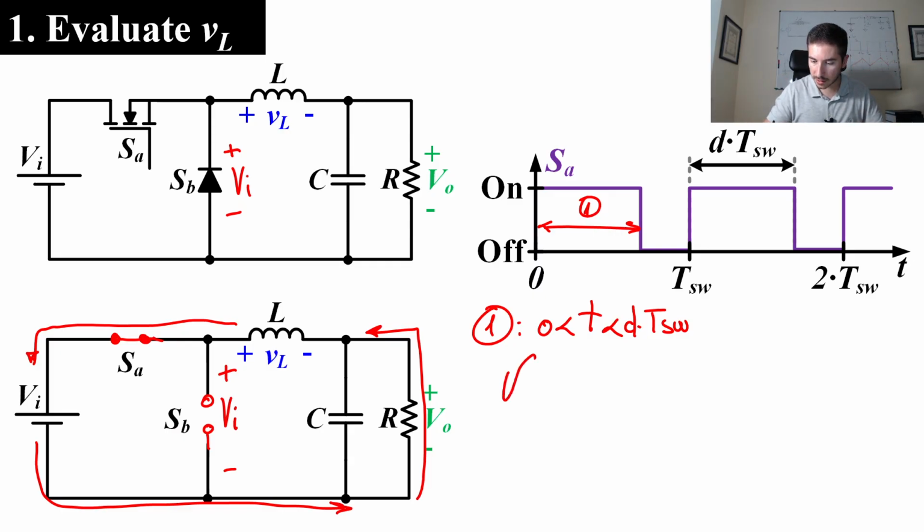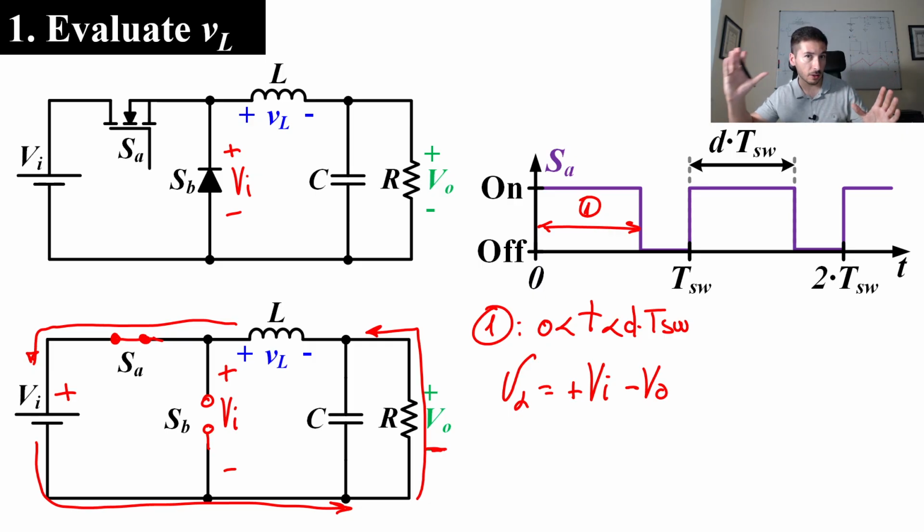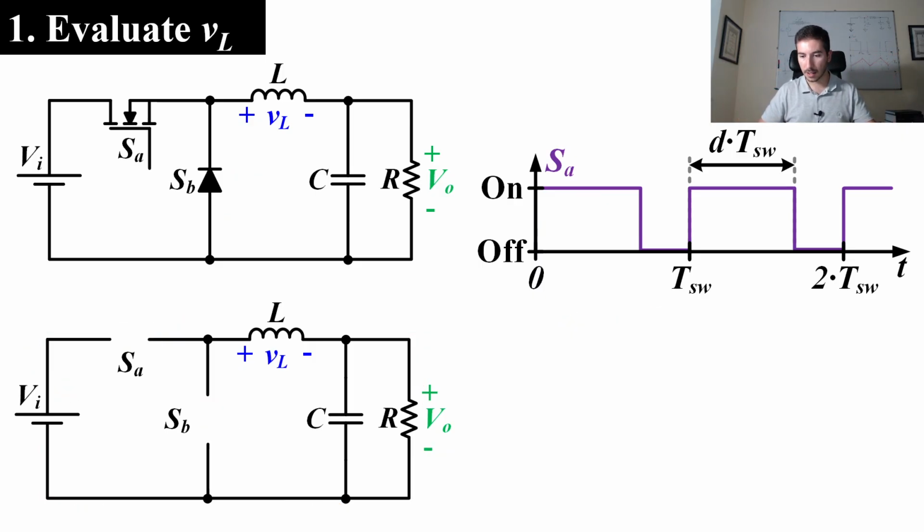So we can say that the voltage across the inductor is plus VI minus VO during state 1. Note that this voltage is constant in this interval because VI is constant and VO is constant. Let's see what happens in state number 2, this part.